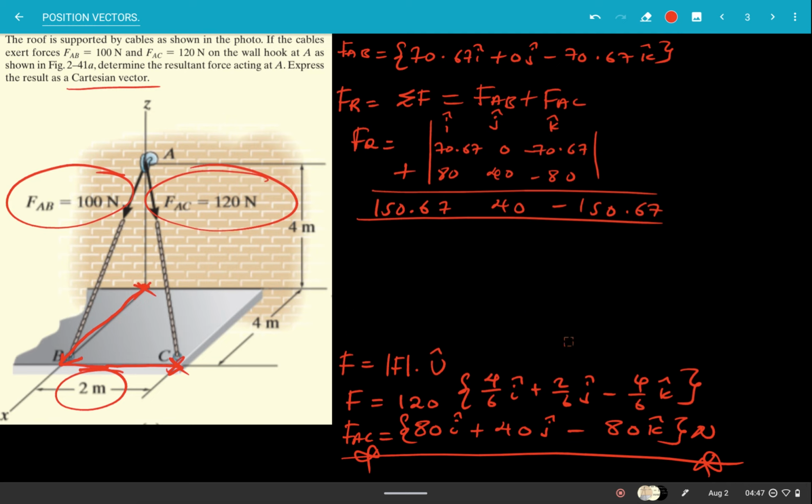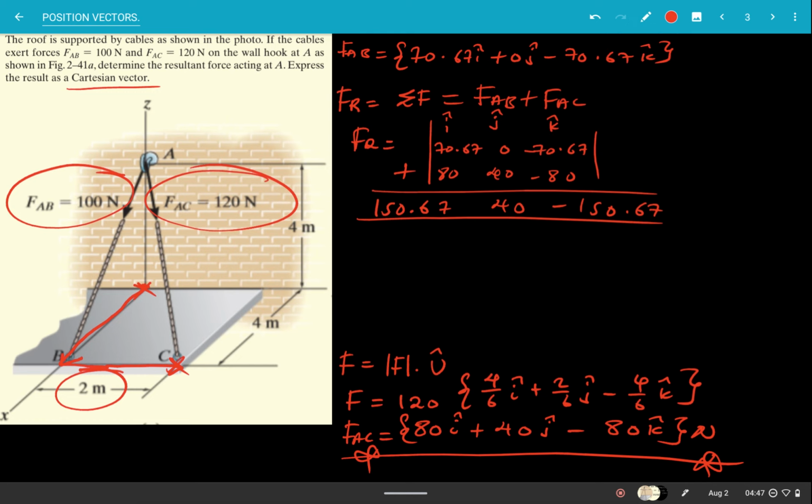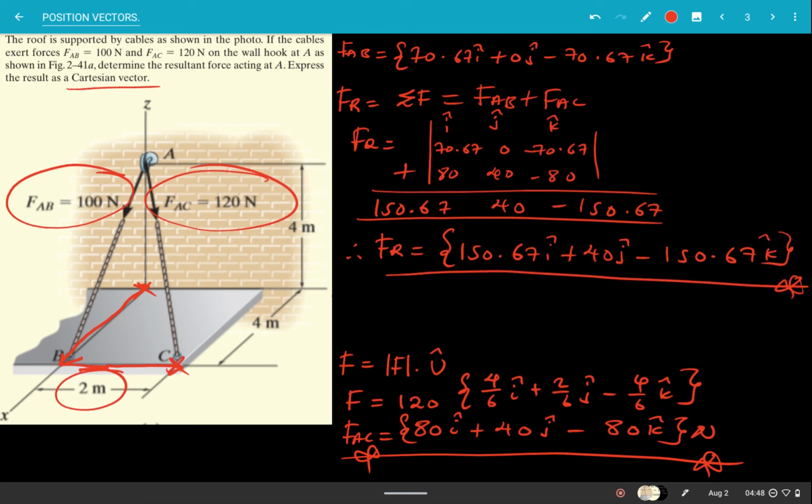Basically what you get is this. So therefore our force resultant is equal to 150.67 in the I plus 40 in the J minus 150.67 in the K. And this is your resultant expressed as a Cartesian vector.